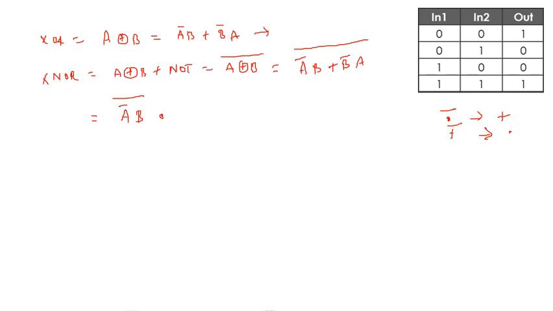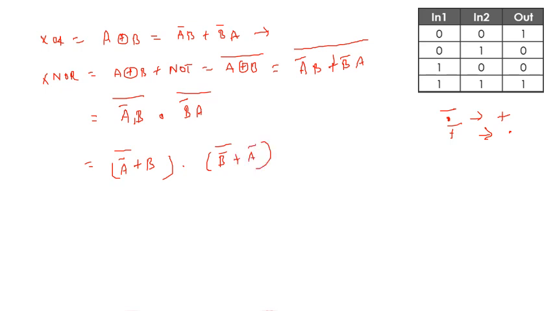The plus will become dot. Next one, B bar A whole bar, the same; A bar whole bar. Already this is dot, so the dot becomes plus, and plus becomes dot.